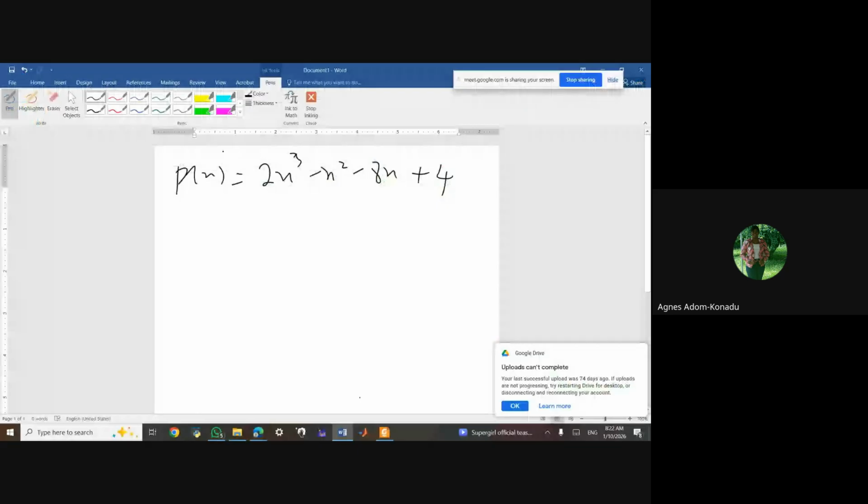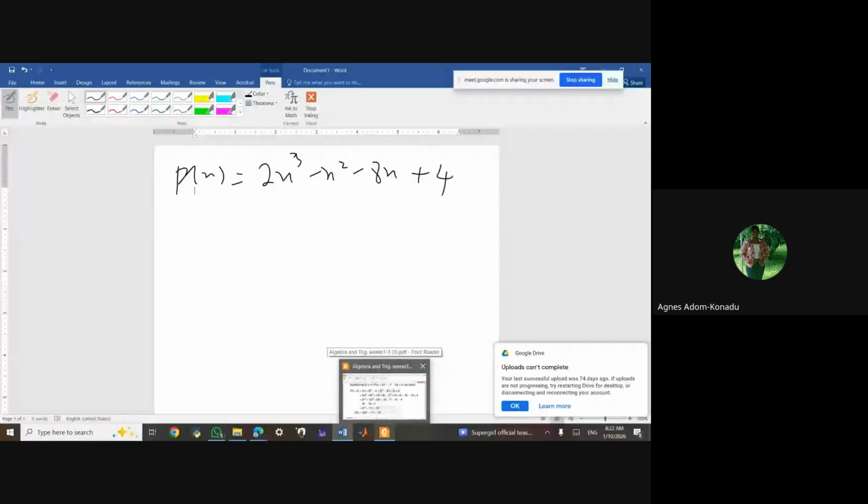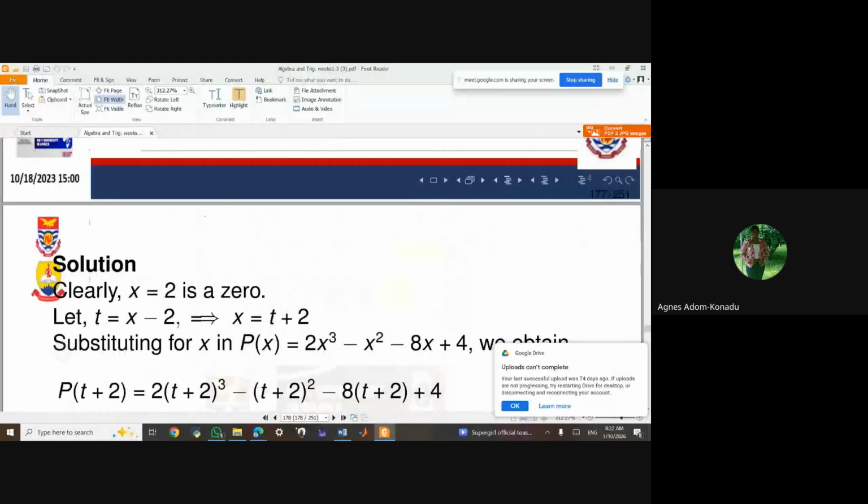Okay, so we have P of x is equal to 2x cubed minus x squared minus 8x plus 4. We know that we have to find one factor. When you find one factor, you are going to get x minus 2 to be a factor.